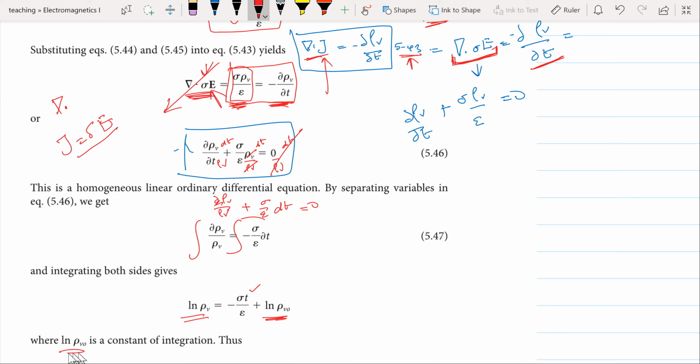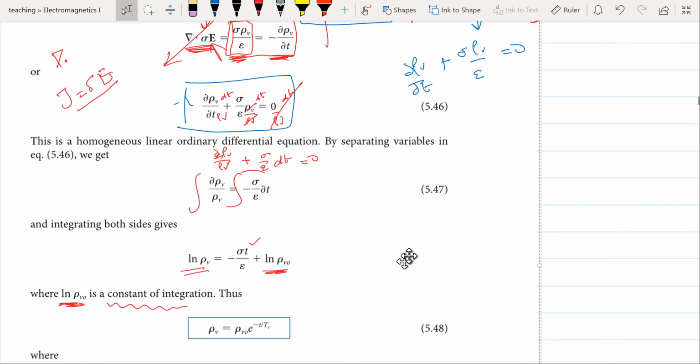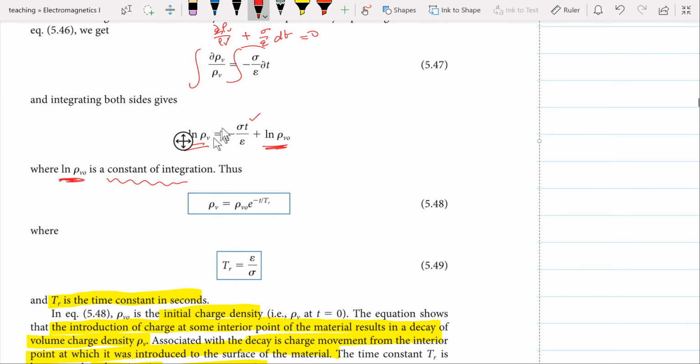We are saying that ln of rho v naught is the constant of integration that we have chosen to be of that form. Therefore, we can now use our knowledge of ln. If you have ln of x equal to a constant k plus ln of something, you can bring it to this side, and you have ln of x minus ln of y equal to a constant.